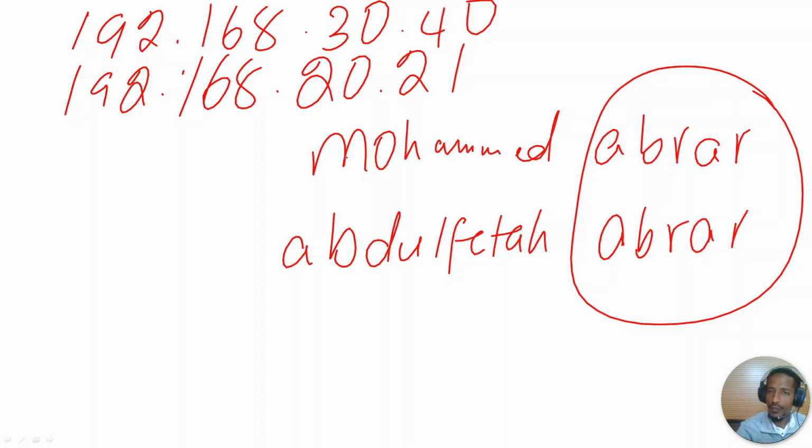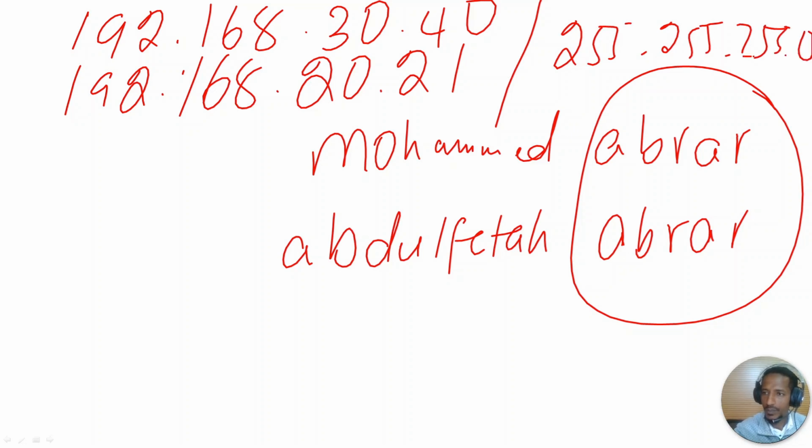For example, say the subnet mask is 255.255.255.0. This works like the father name of Abrar: the three octets are used to decide whether they are the same family or different families.